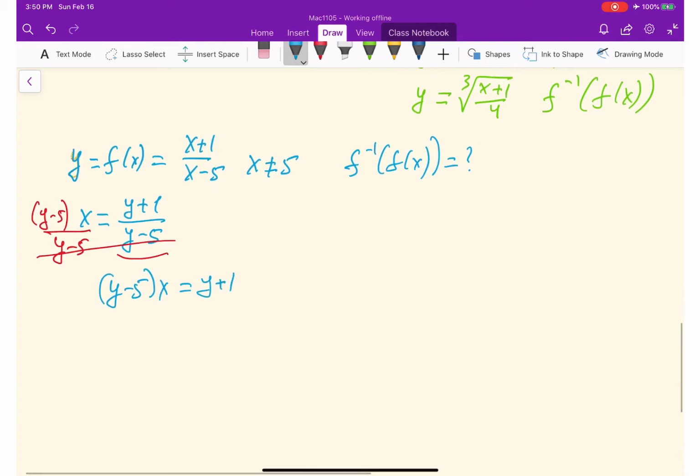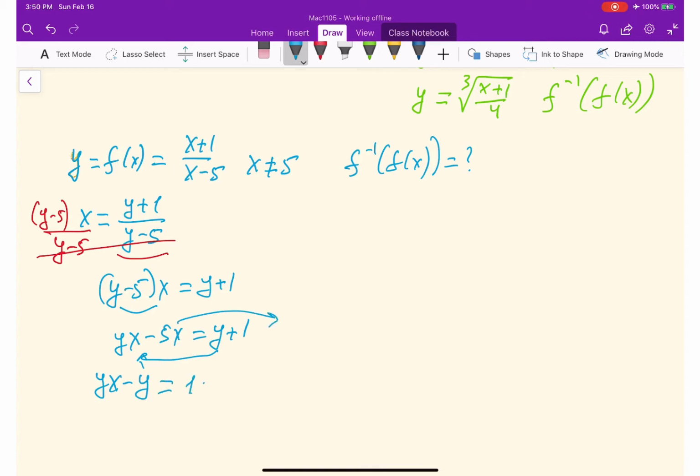So from here, multiplying, yx minus 5x is equal to y plus 1. So I'm going to move y to this side because I need to solve for y, right? So yx minus y is equal to 5x moving here, which will be 1 plus 5x.